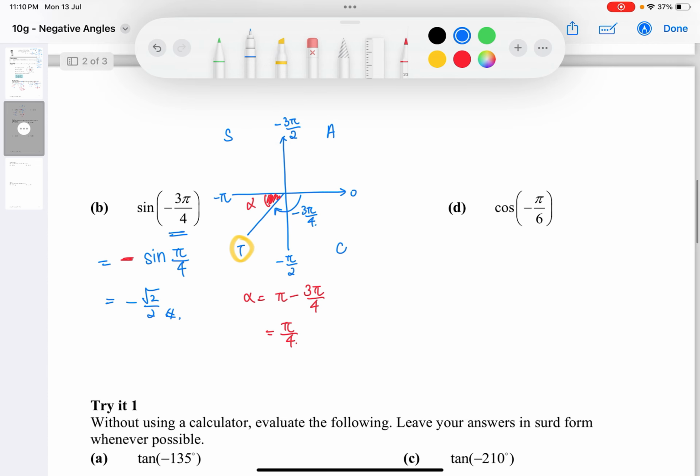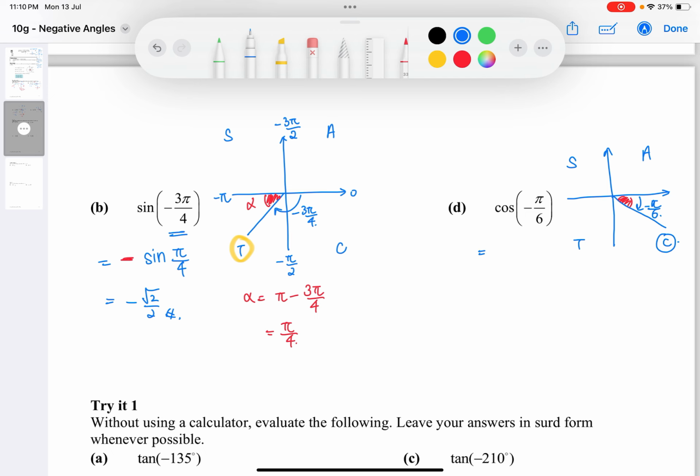Okay, last question. Cosine of negative pi over 6. By now you should know that it's over here. This is negative pi over 6, which means it's exactly the same as the basic angle, pi over 6. And in the fourth quadrant, ASTC, cosine is positive.